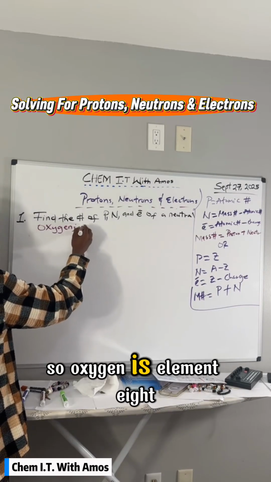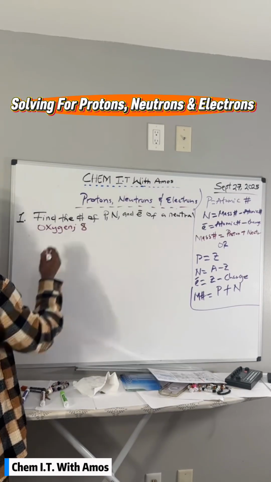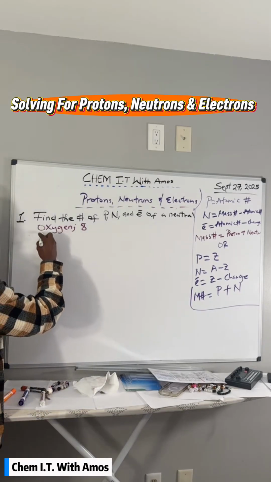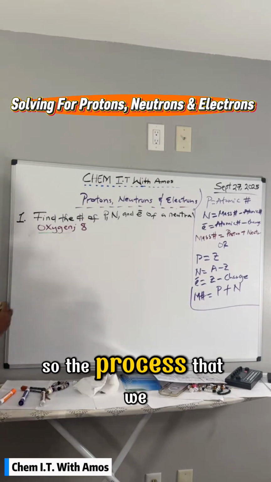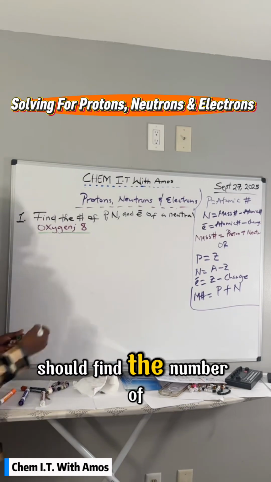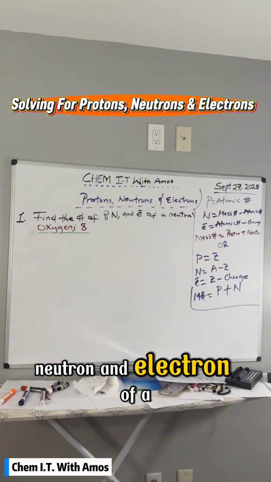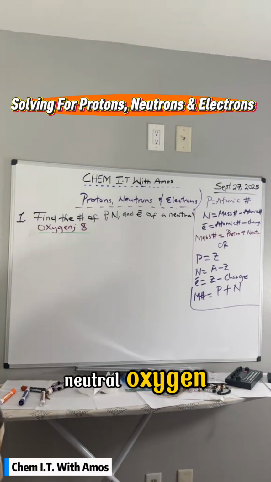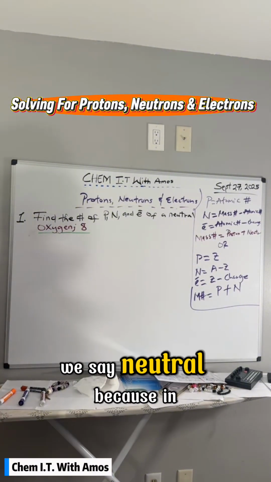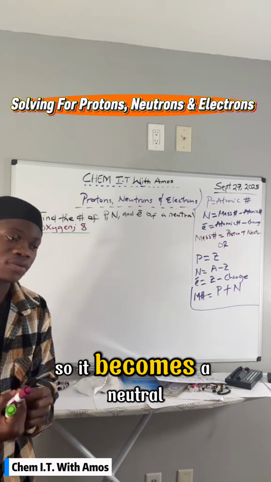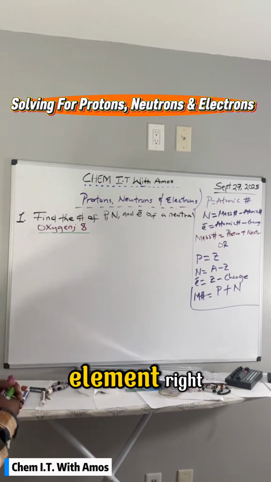So oxygen is element 8. So the problem says that we should find the number of proton, neutron, and electron of a neutral oxygen. We say neutral because in this case it has no charge, so it becomes a neutral element, right?